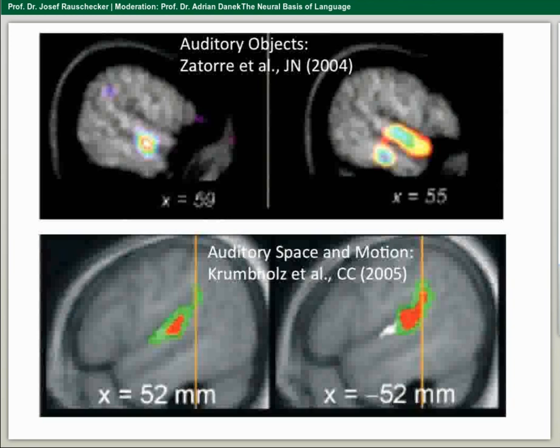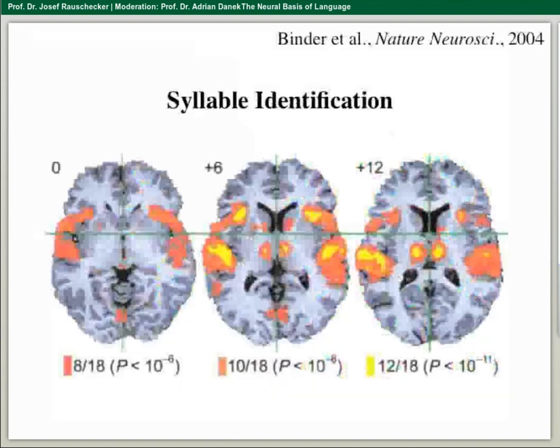And a different lab in Cambridge found that the posterior portion of auditory cortex projecting into inferior parietal cortex is very good at distinguishing sounds at different positions in space and also motion in space. So the model of an anterior and posterior, or ventral and dorsal, stream is now readily accepted and has been taken up by people in the speech sciences and in linguistics, and has taken off from there.